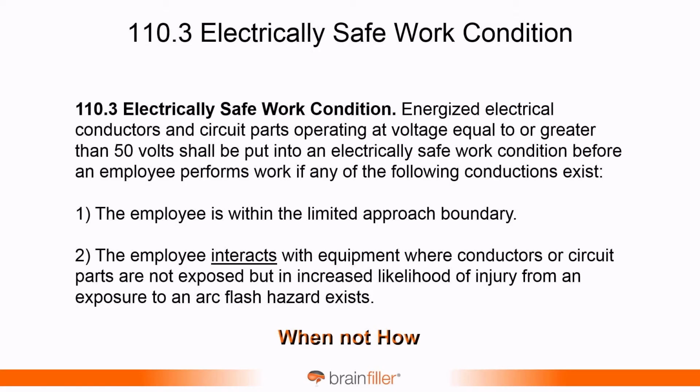And it has to do with the interaction side of this. And so the interaction, number 2, that's also equally important. And what I wanted to emphasize is this references when the electrically safe work condition is necessary, not how you establish it. That's later on in NFPA 70E.